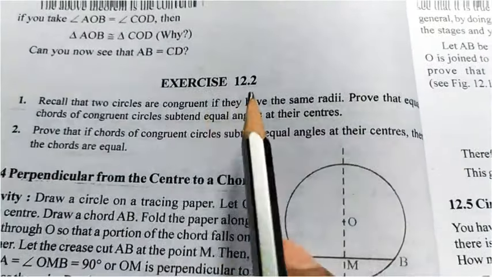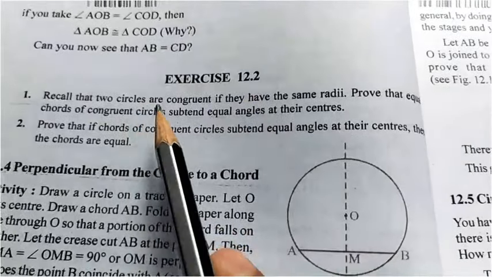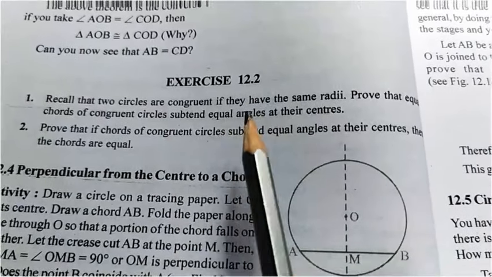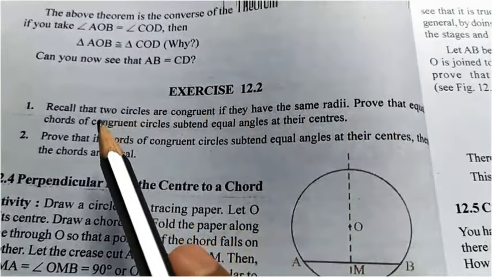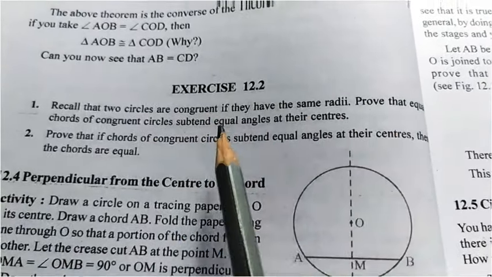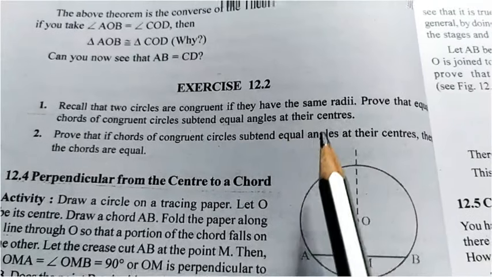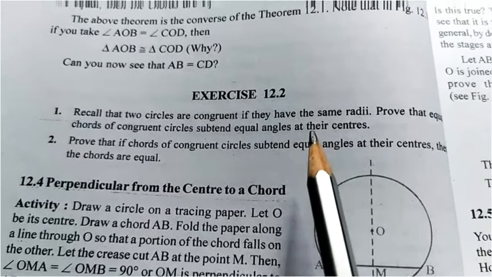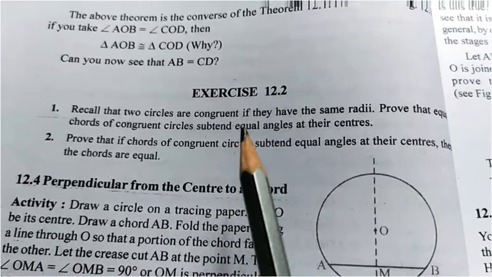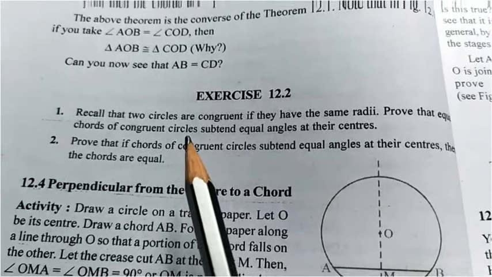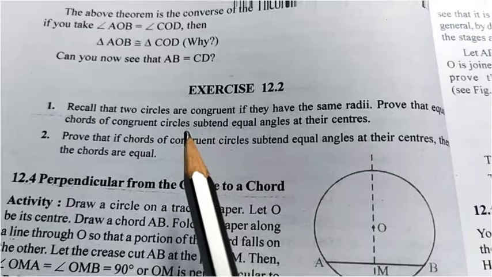In exercise 12.2, first question: recall that two circles are congruent if they have the same radii. Prove that equal arcs of congruent circles subtend equal angles at their centers. It will be easy if you understand the first theorem: equal arcs give us equal angles.